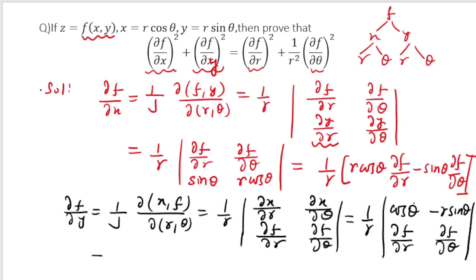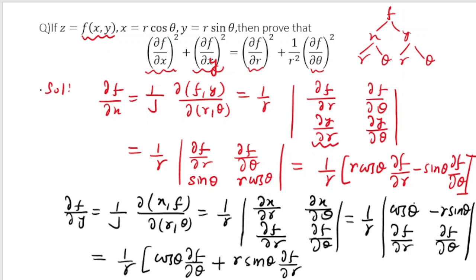If I simplify, I will get 1 by r cos theta into del f by del theta, and minus minus plus, so it will become r sin theta into del f by del r. So this is the value of del f by del y, and this is the value of del f by del x.